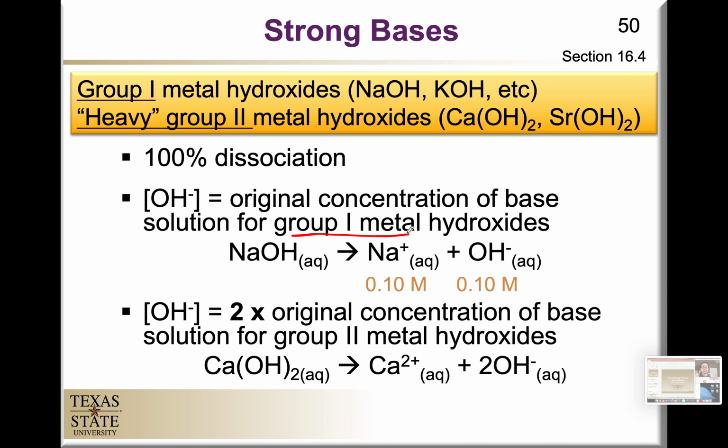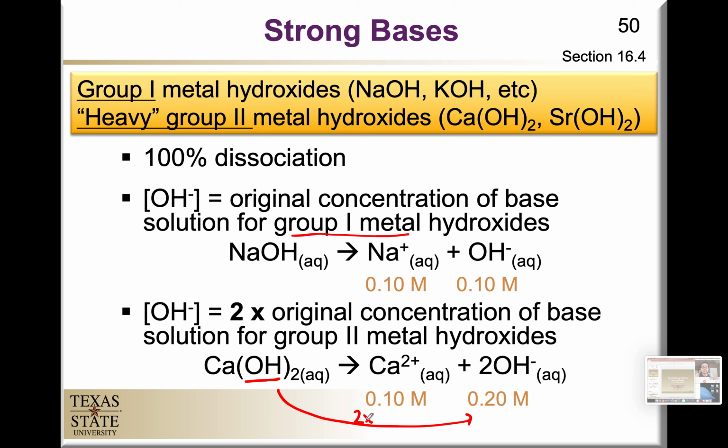On the other hand, if you have a group 2 metal hydroxide, things are going to be slightly different, because for every molecule of calcium hydroxide, you actually have 2 hydroxide ions. So if you started with a 0.1 molar solution of calcium hydroxide, then you in fact have twice that concentration of hydroxide ions, right?